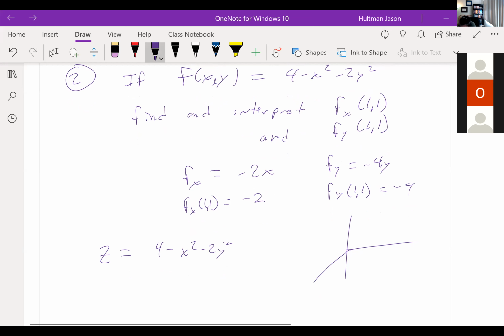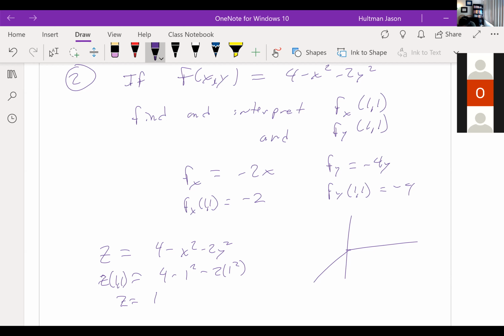Let's calculate the point that we're actually looking at here. So if x is 1 and y is 1, then what's z going to be? We'll call this z(1, 1). The z value is going to be equal to 4 minus 1 minus 2. Well, that's just 4 minus 3, which is 1.